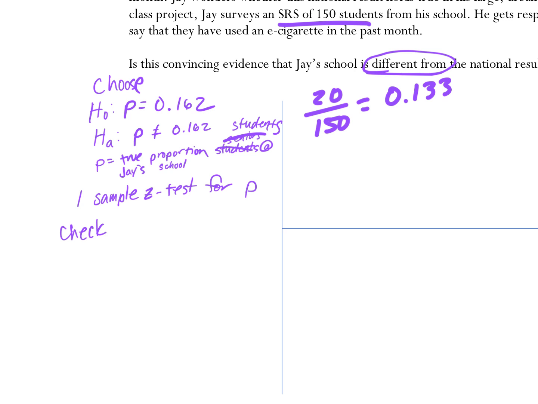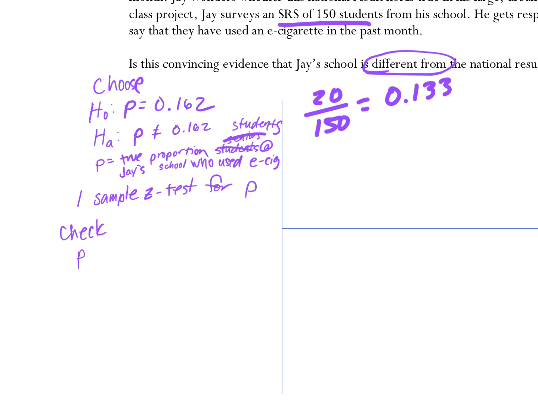Probably doesn't matter. For the proportion, would it be the proportion of students at Jay's high school who used? Oh, yeah, for sure. Who used e-cigs of some kind, yeah, for sure.